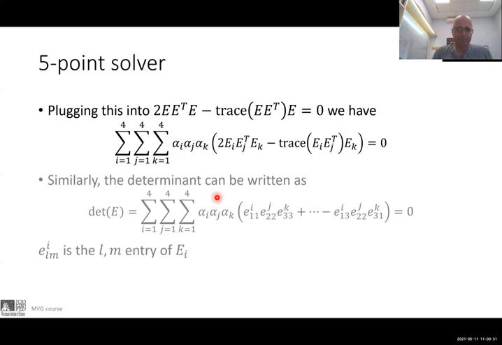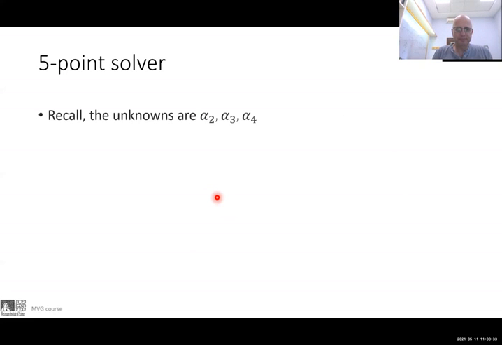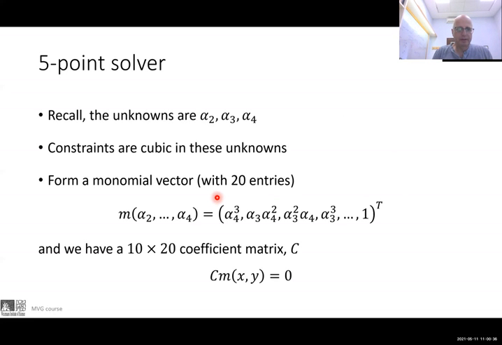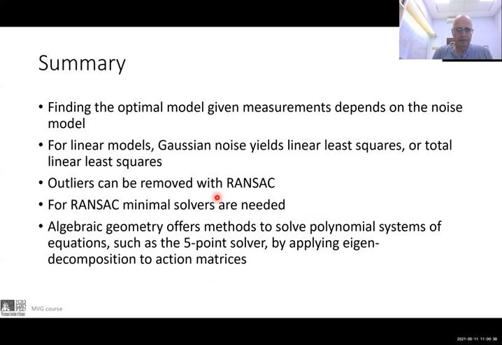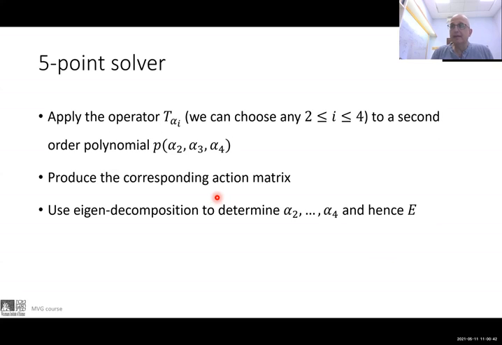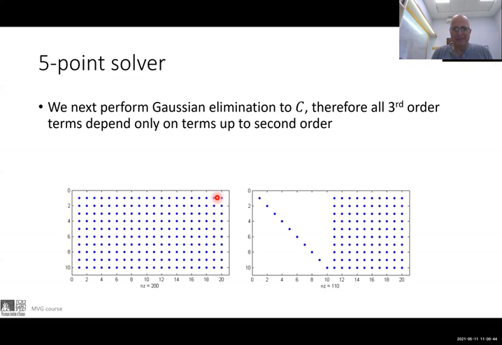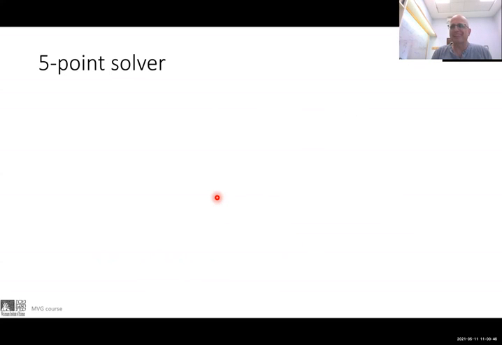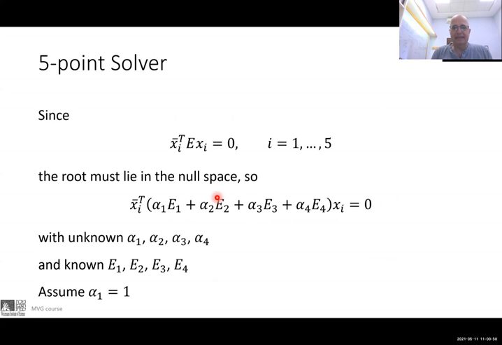Okay. More questions? How did you get E1, E2, up to E4 again? That was the other critical step. So there are 3 critical steps here, right? So again, let's look at the 5 epipolar equations.